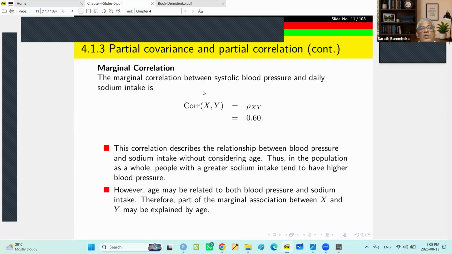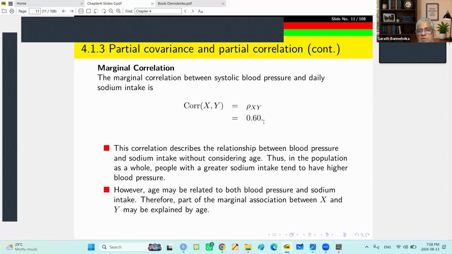Right. So the marginal correlation between systolic blood pressure and daily sodium intake according to this problem is rho xy, that is equal to 0.6. So what does that indicate? This correlation describes the relationship between blood pressure and sodium intake without considering age.